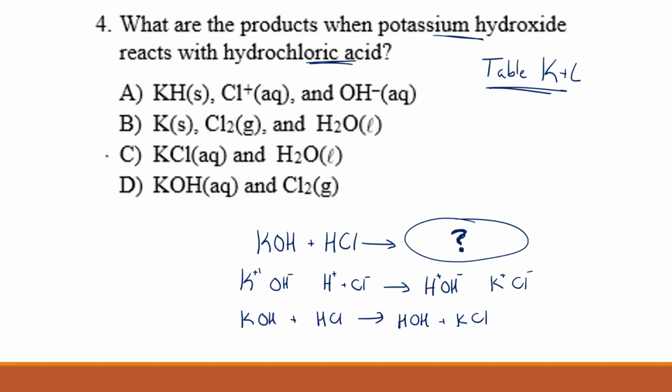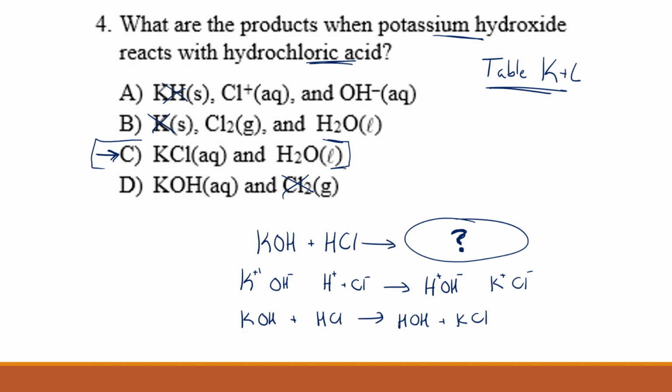Which leaves us with the only answer that matches. We did not make KH, so that's definitely not the right answer. We did not make K by itself, so that's definitely not the right answer. We did not make KOH. We started with KOH. We didn't make Cl2. That's not the right answer. Our only answer is here.